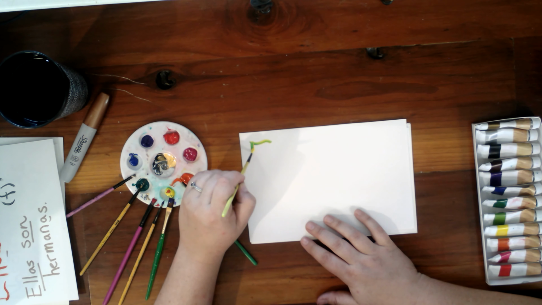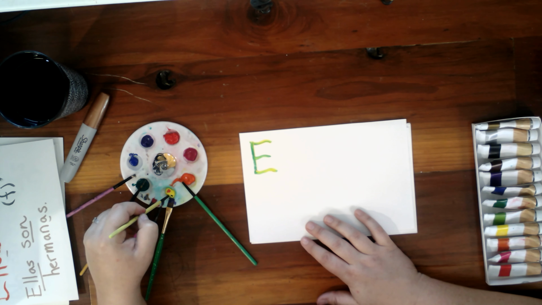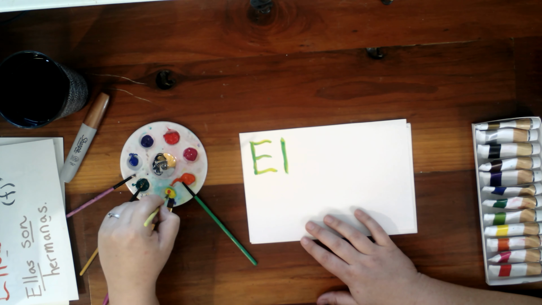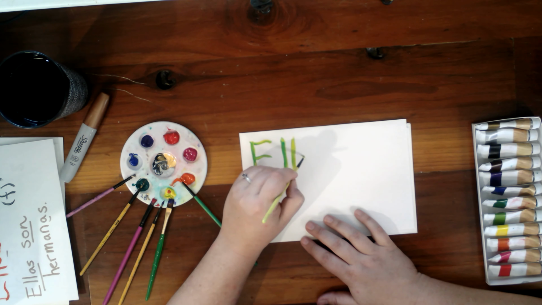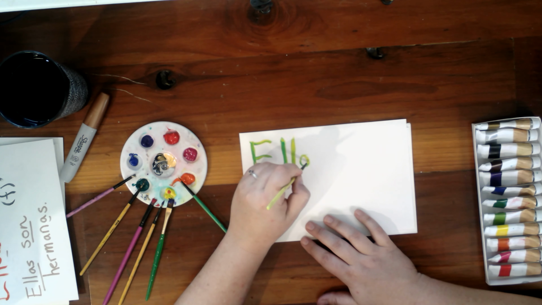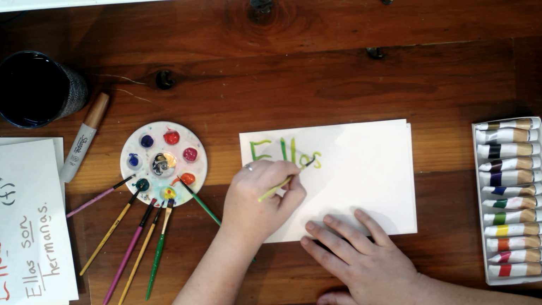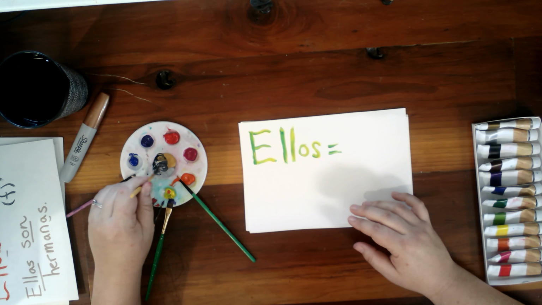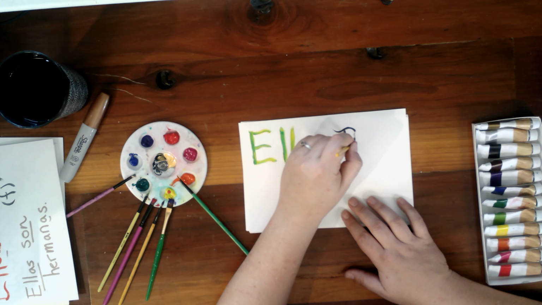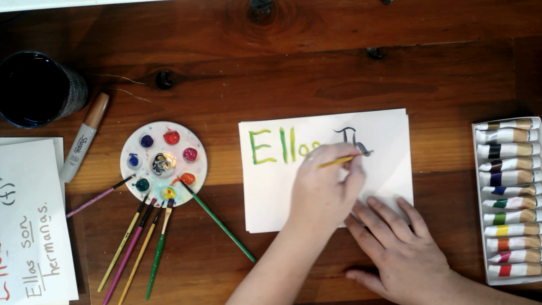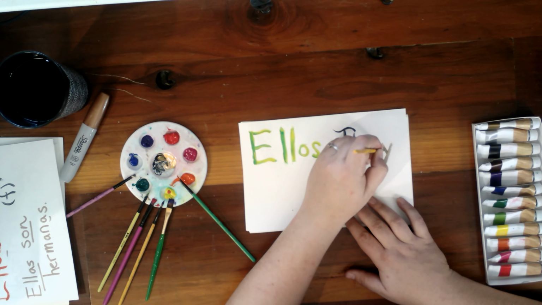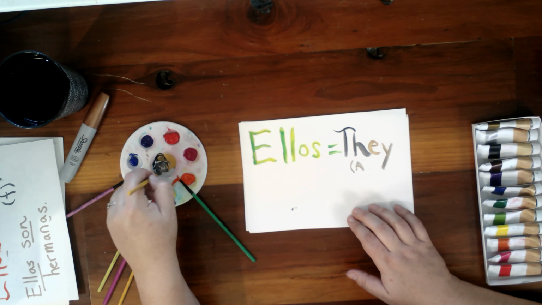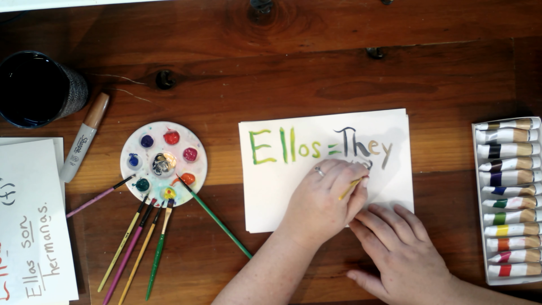And likewise, they, including the masculine or including boys in that group that we were referring to as they, would be ellos. And I'm using a combination of colores here, amarillo y verde, for my ellos. So this would be they as the masculine. And yet again, it just means a group that includes at least one man.